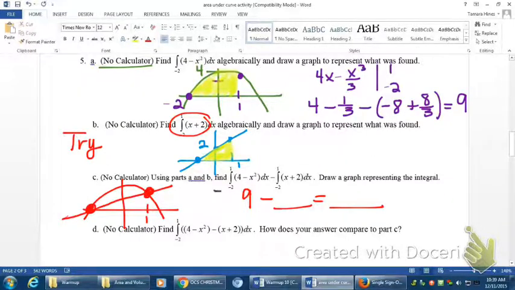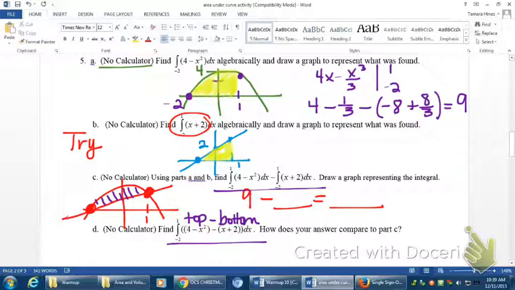This particular equation, and also this equation, is asking us to find the area between the two curves. You'll notice that the equation in D is the integral of the top function minus the bottom function. And what I'm trying to show you in C and D is that you're going to get the same answer. Okay?